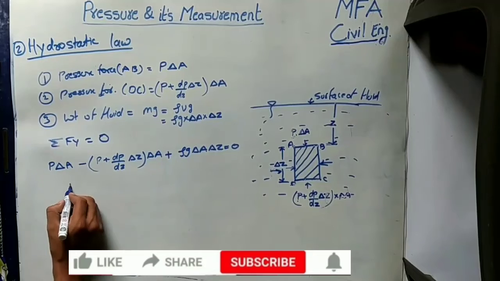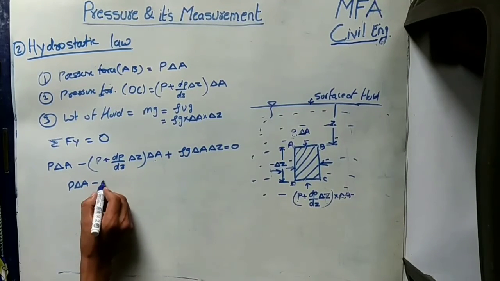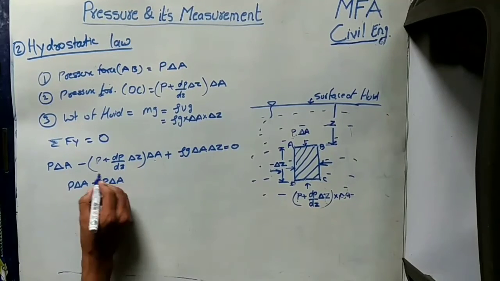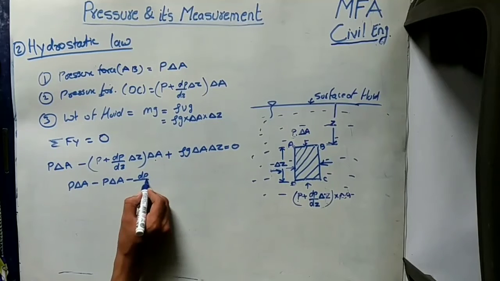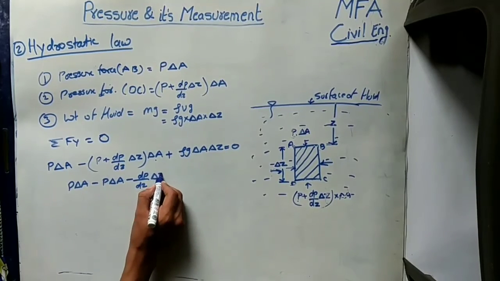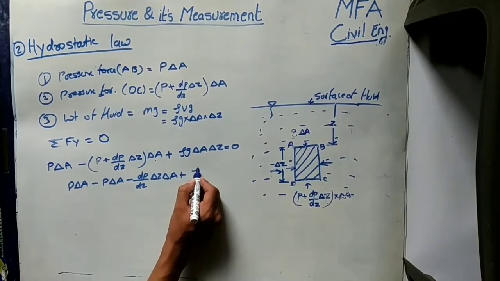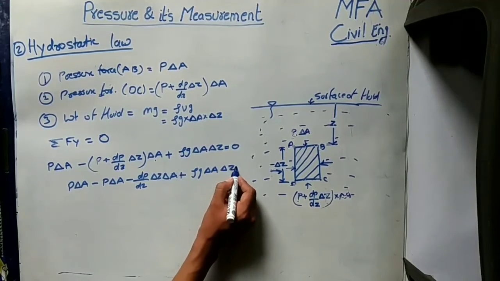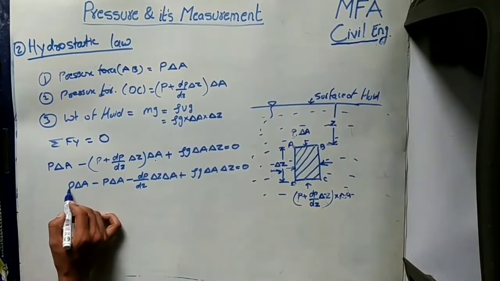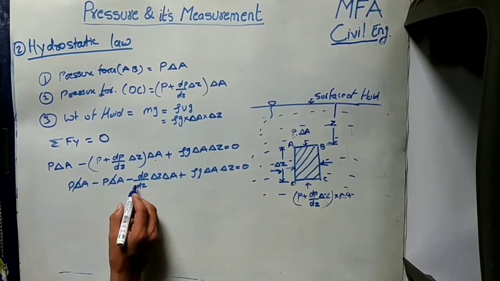Now open this bracket: P into delta A minus P into delta A minus dP upon dz into delta Z into delta A plus density into acceleration due to gravity into delta A into delta Z is equal to 0. Now this P delta A and minus P delta A get cancelled.